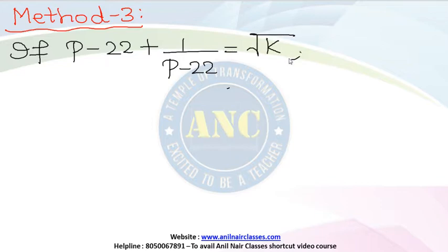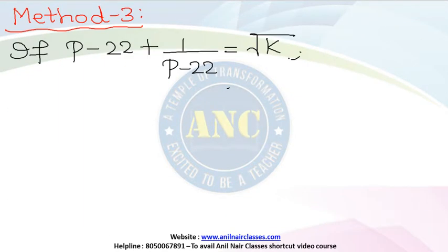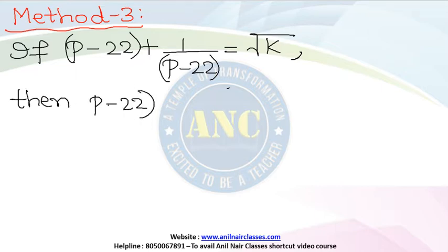Why are you taking root k on the right hand side? Because answer options are all in terms of root of something. If p minus 22 plus 1 divided by p minus 22 is root k, then p minus 22 whole cube plus 1 divided by p minus 22 whole cube is equal to this root k.